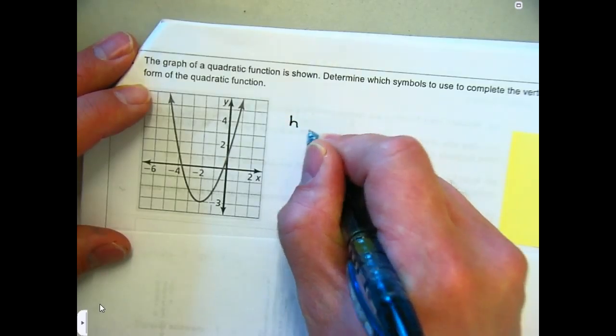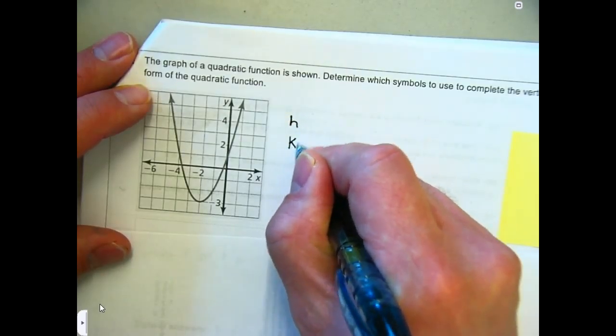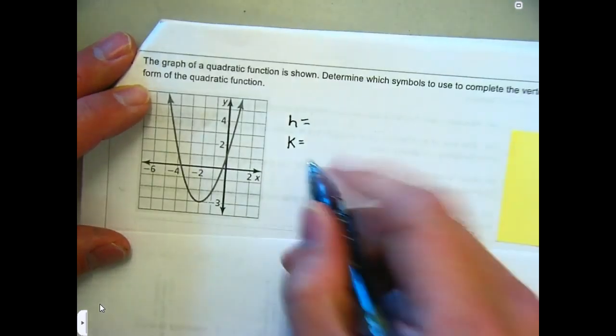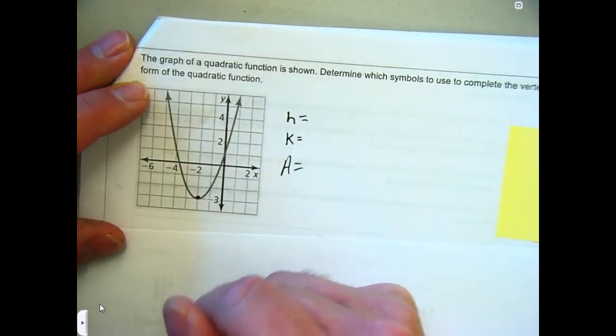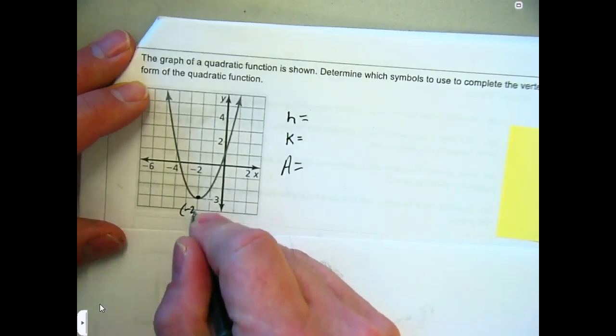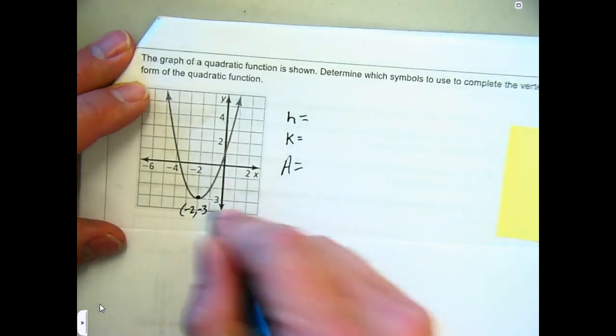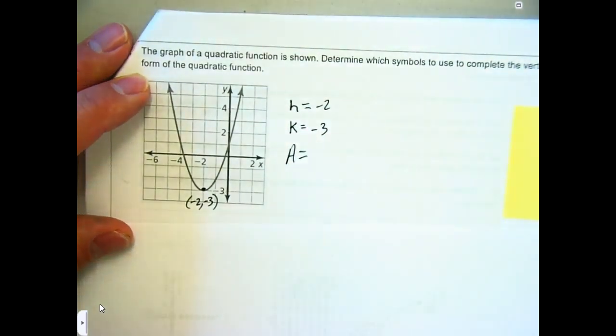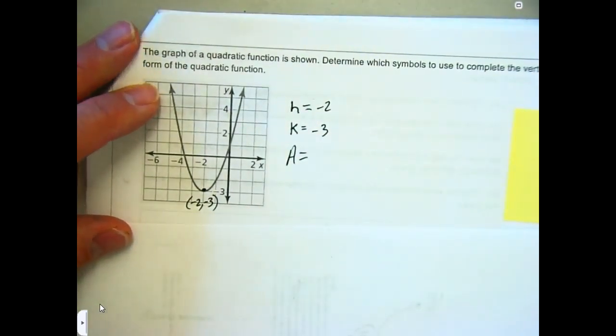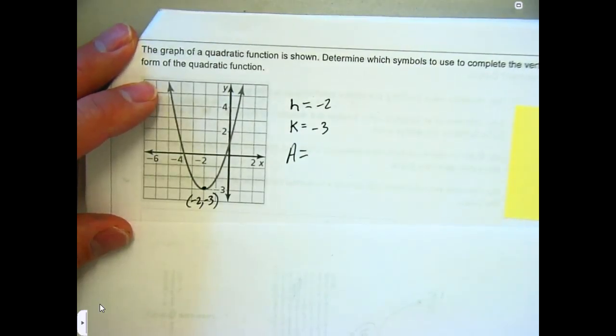I need to know the vertex. So h and k. What's the other thing I need if in vertex form? A. Well, hk is easy, right? Negative 2, negative 3. How do we find A from a graph? Phil?